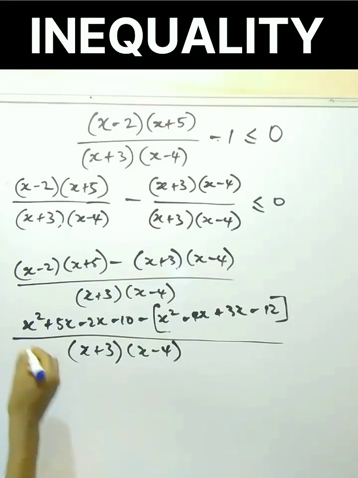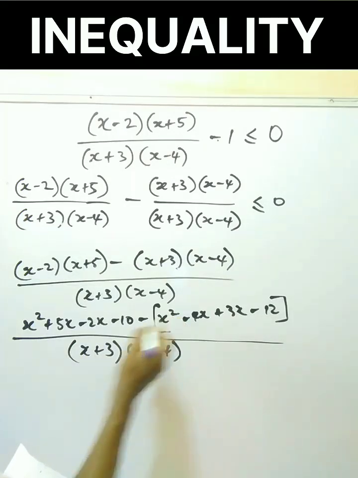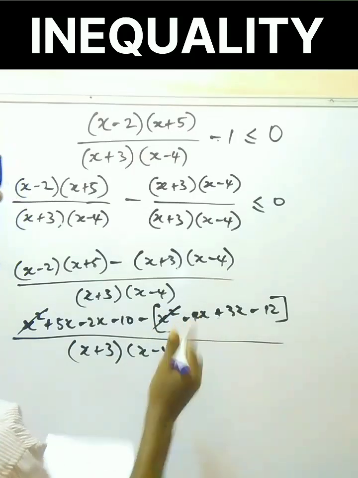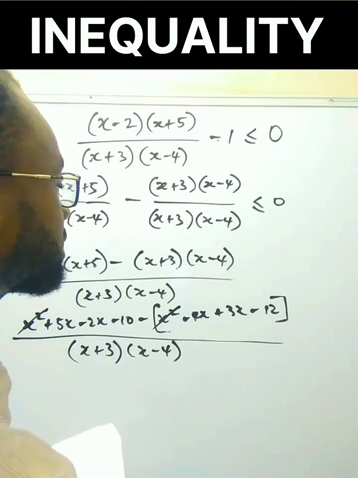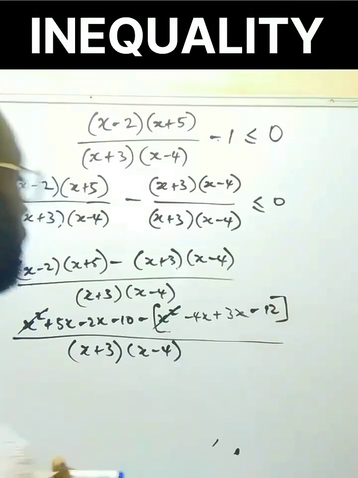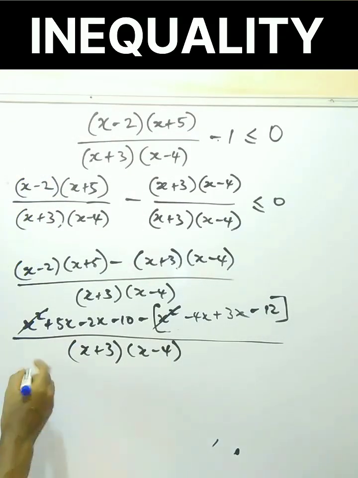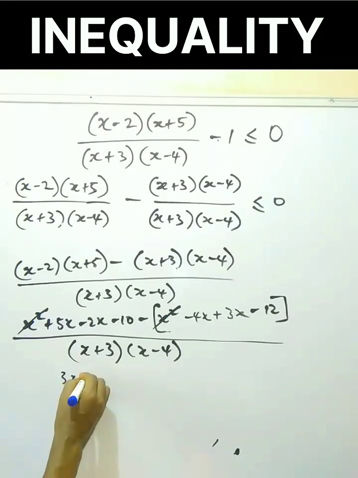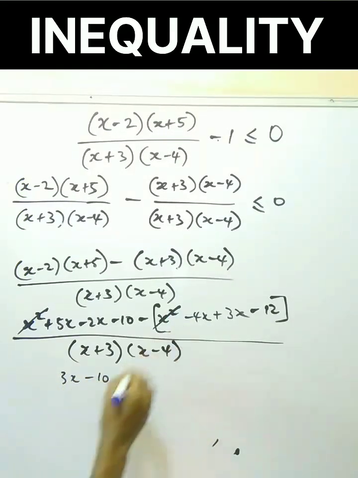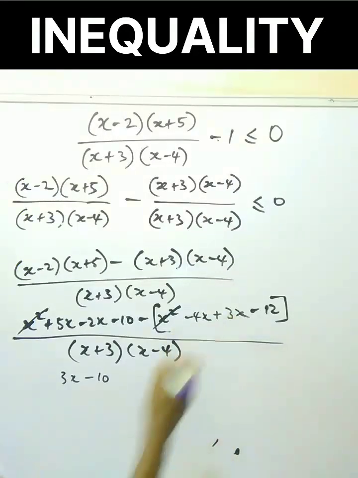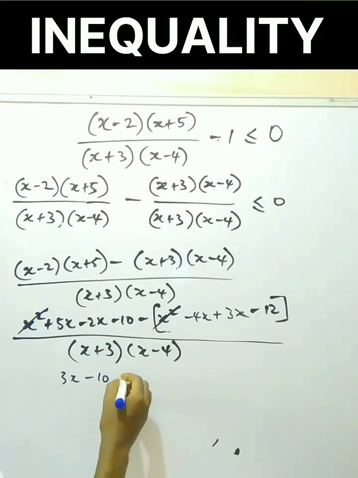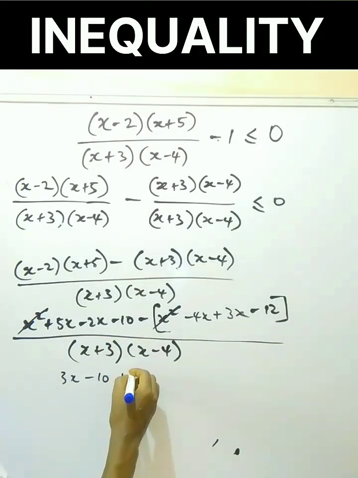And you see that? Okay, so let's go now. You can see this minus sign is affecting this, so this x squared will cancel out this. Remember, what we have here is actually minus 4x. So this minus this will give me 3x minus 10, and this is x, so that gives me plus x.